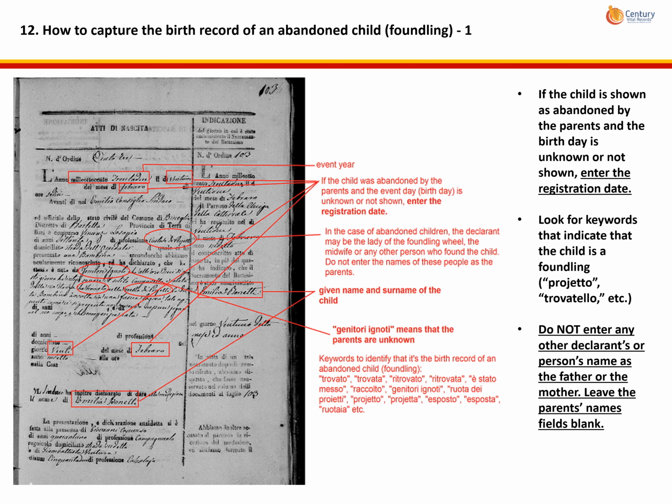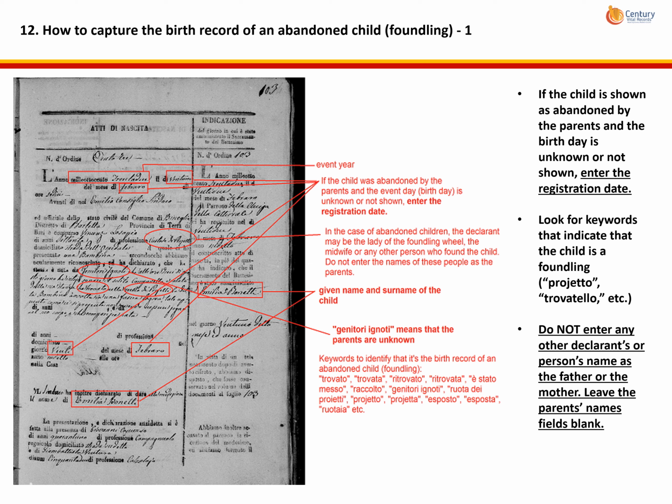If the image is the birth record of an abandoned child, the date of birth may not be shown on the image. In this case, index the registration date as the event date. Look at the keywords listed in the slide to identify that the child was abandoned by the parents.